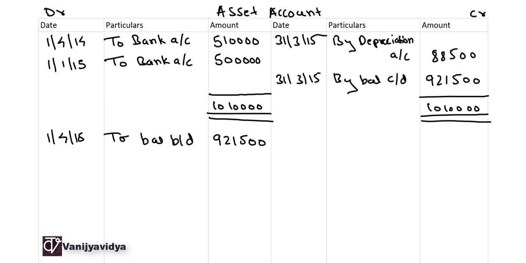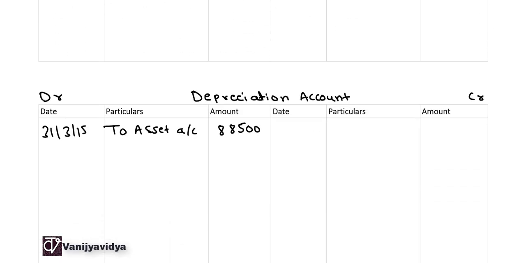Now let's close the depreciation account also. In the depreciation account, there is one entry on 31st March 2015. So when we close the books of account, we will transfer this to profit and loss account. So the entry is profit and loss account debit to depreciation account.